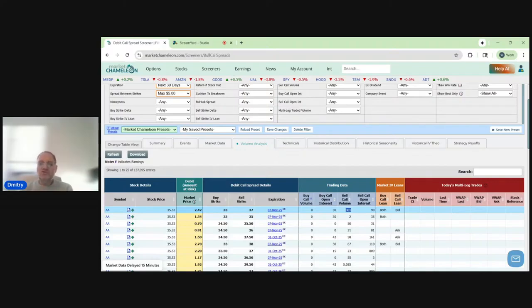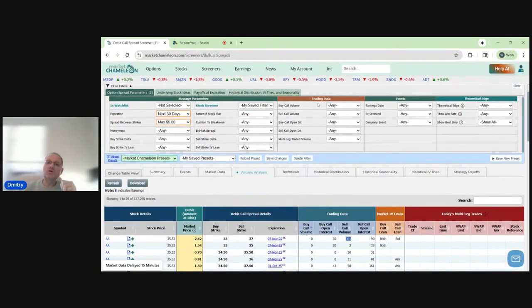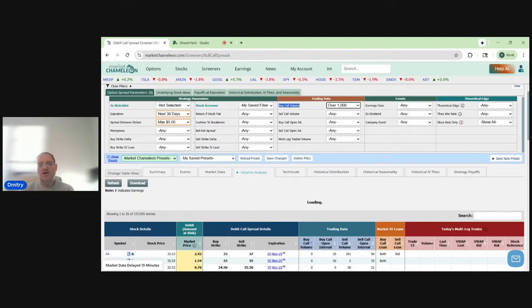Let's do this. First, let's filter out where we see trading activity. So we're going to go up here, trading data. We're going to say on the buy call, so this is on this buy strike, let's say we need more than 1,000 contracts traded on the day.